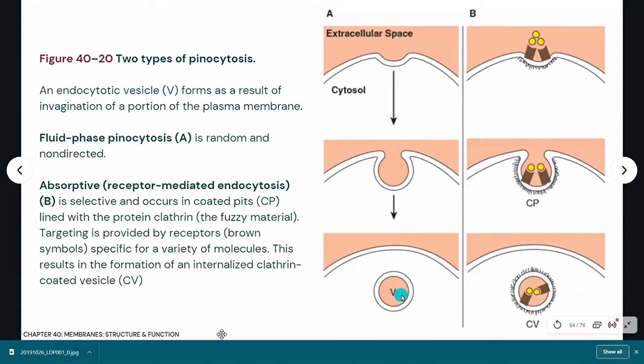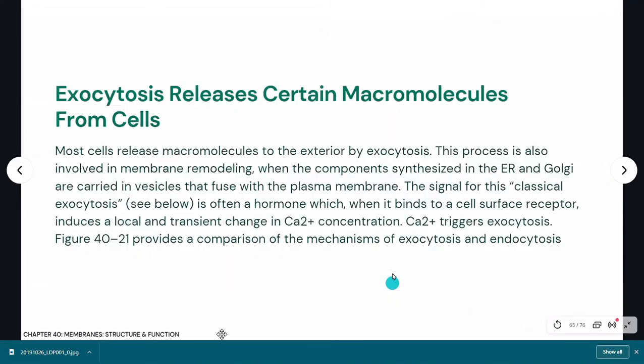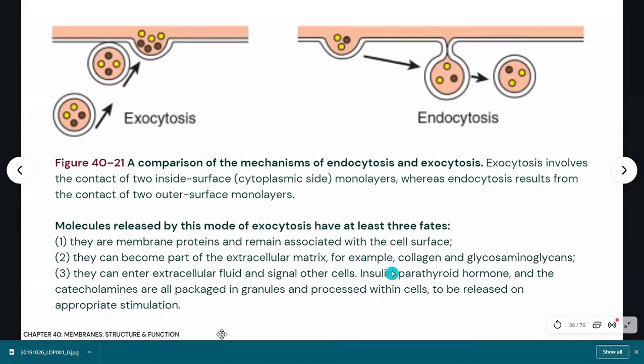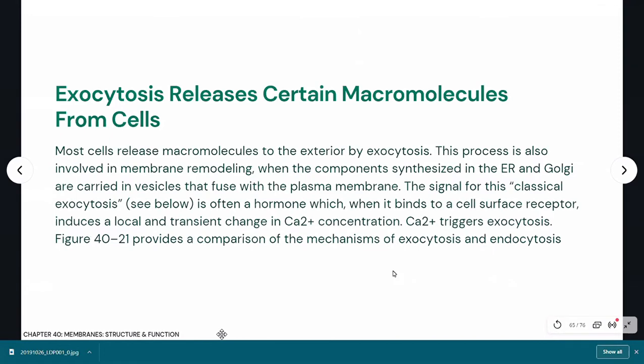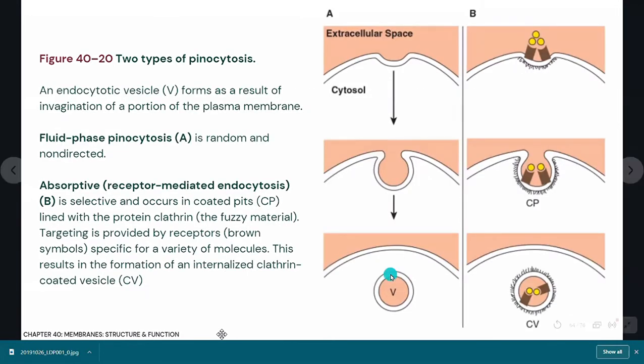Now, look at that. So endocytosis ingests part of the membrane. So you see the membrane here, and part of it is ingested.